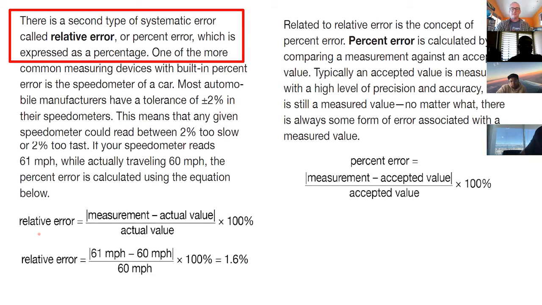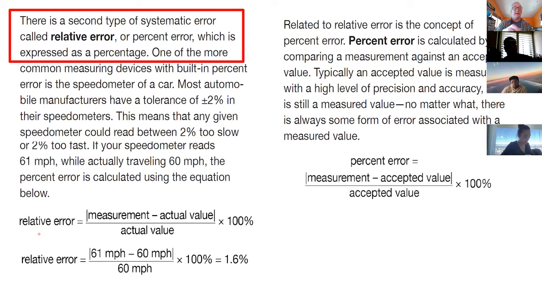The example given here is the speedometer in your car. The speedometer is tested before it ever leaves the factory. It's tested on a road to make sure that it works properly, and then delivered to the dealer.